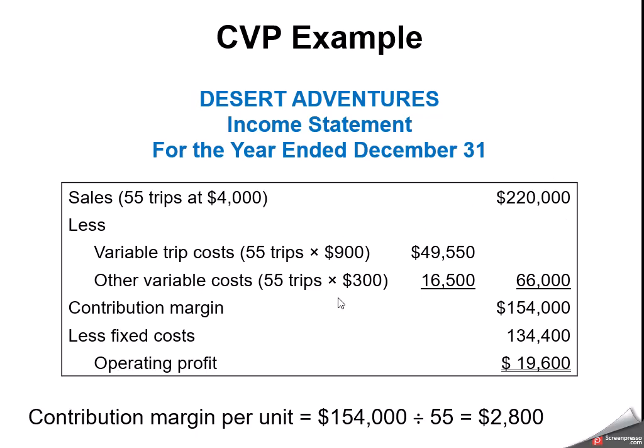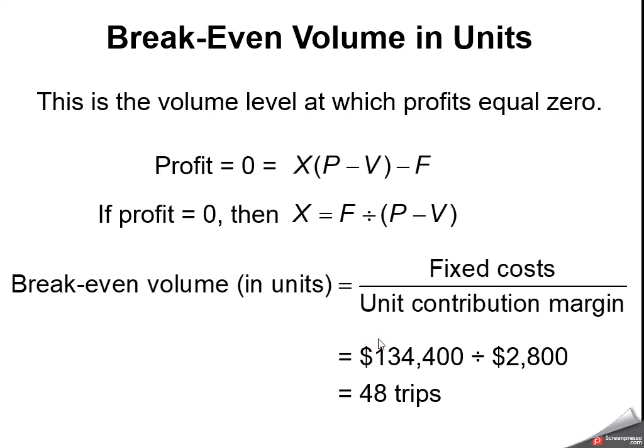Then we have our variable costs, broken down into two different types. Maybe these are direct materials and direct labor, and this is your variable selling. Sometimes we have those separately. Then we calculate our contribution margin, less those fixed costs gives us our operating profit.